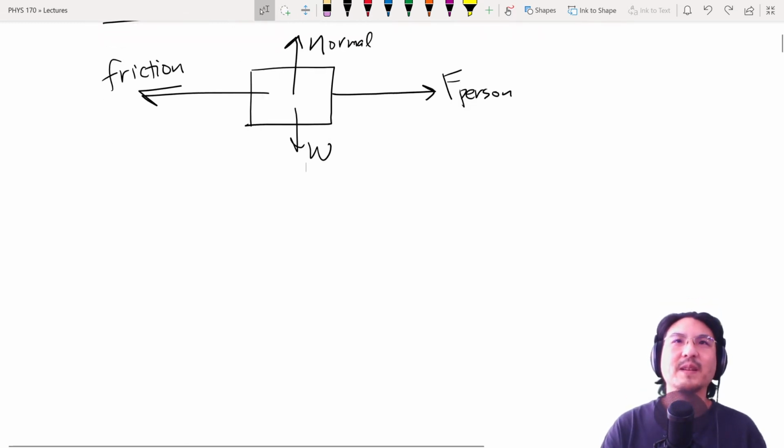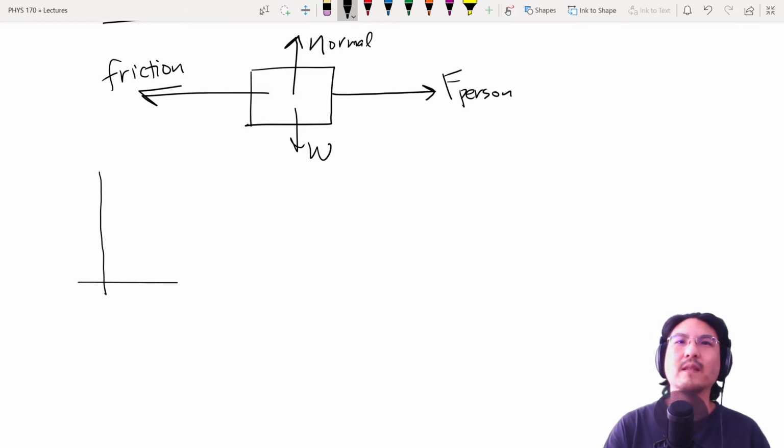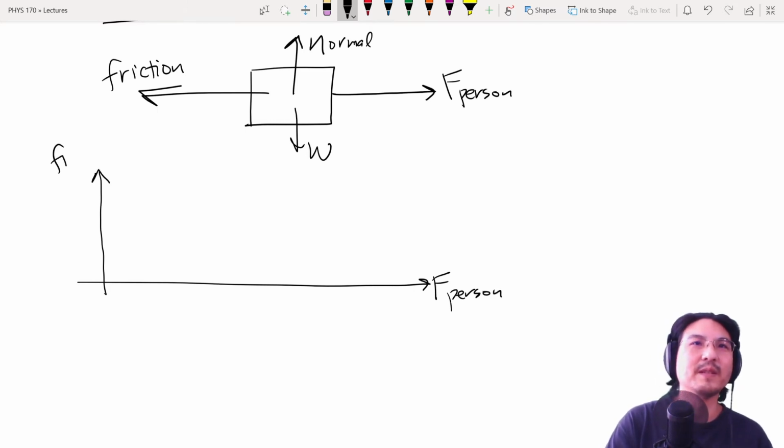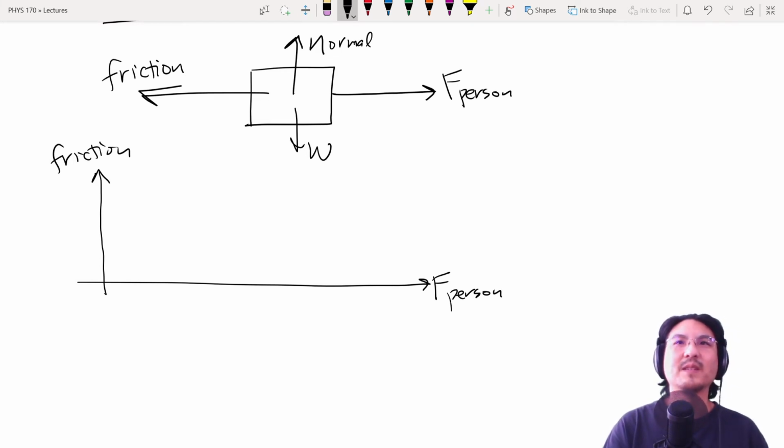Also imagine if you pull the box with 1 Newton of force. Let me make a graph. This is friction. So you pull with 1 Newton of force toward the right, and the box doesn't move. It remains static.